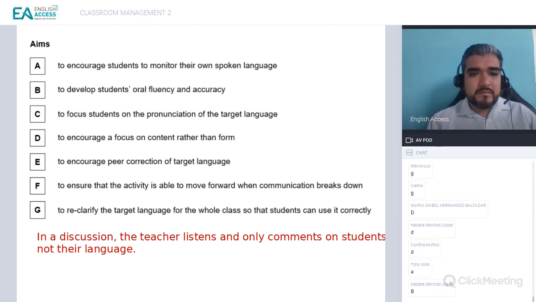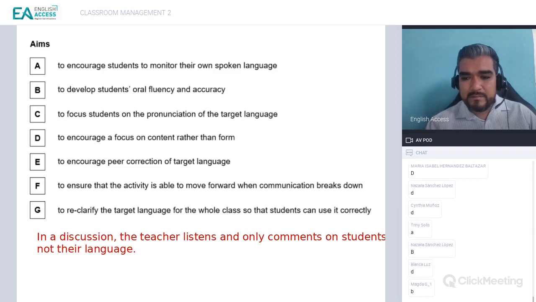To encourage students to monitor their own spoken language, to develop students' fluency. Fluency, the majority says about the fluency. Okay.